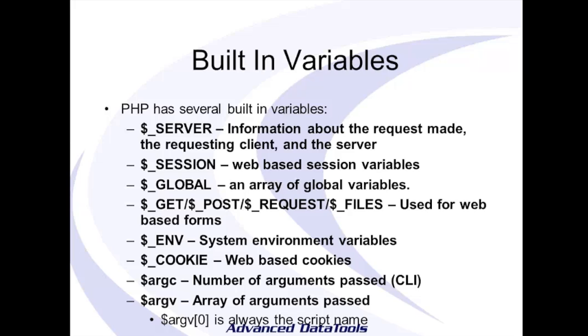The ENV one is the system environment variables, so if you ever need to get an official list of what is sourced in currently, you can do that. COOKIE is for managing web cookies. The ones we're going to care about today a little bit are ARGC and ARGV, which are the arguments passed to a command line-based script. So when you see those, you'll actually know what that is.